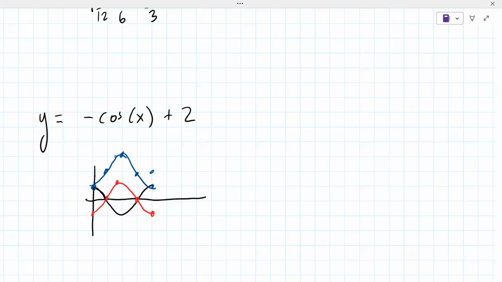Does that kind of look like your final answer? The black one, yeah. The black one or the blue one? Because you have to flip it and then go up 2. Yeah, so it'd be the black one, right? Well, okay, so let's go back.